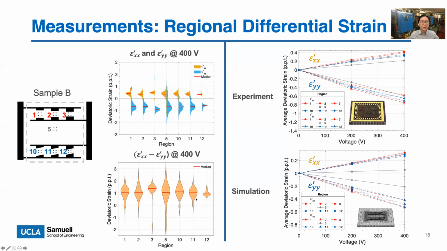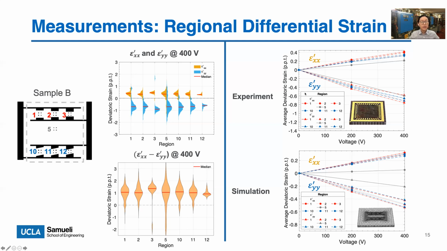So it does somehow imply that the distribution of the electrode pads can also influence one another. This is something I'll be showing you later in the slides.